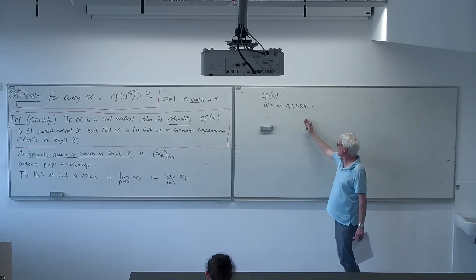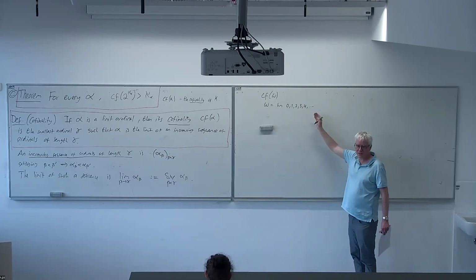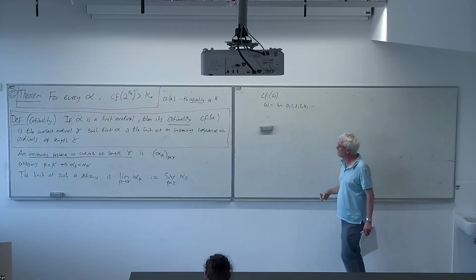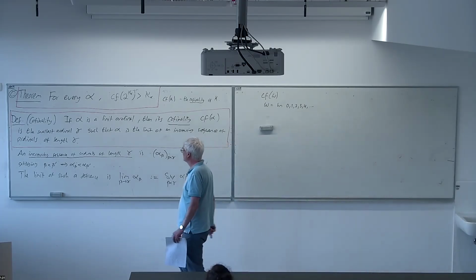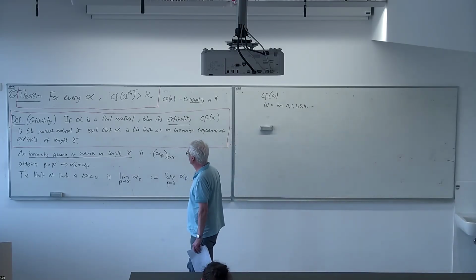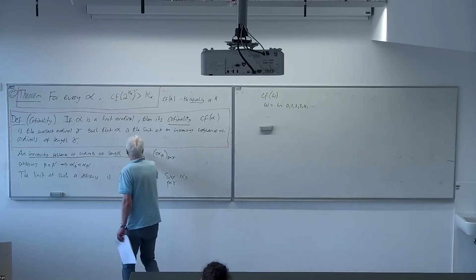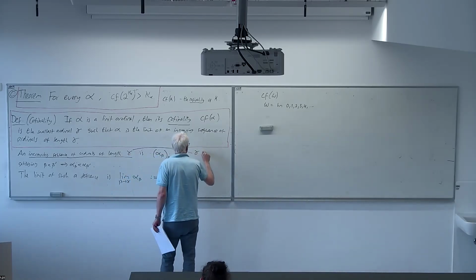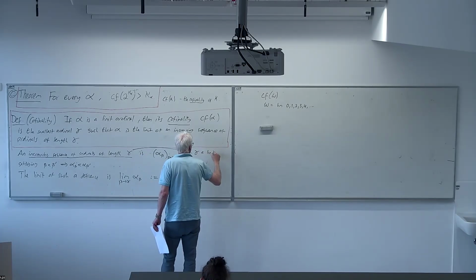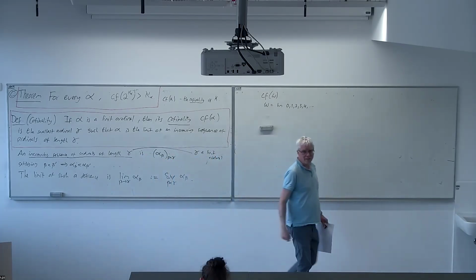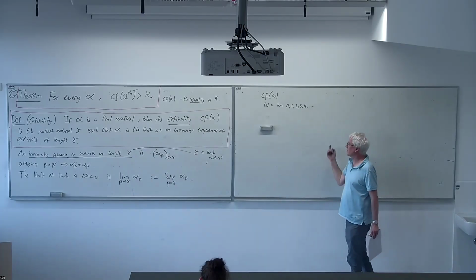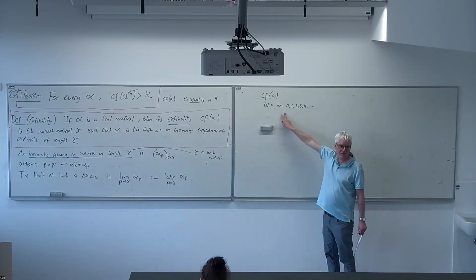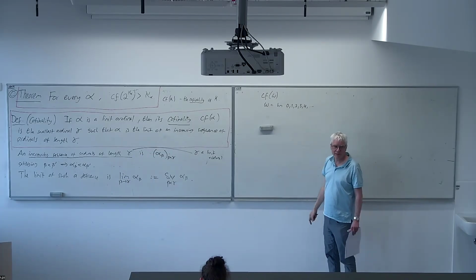Can we get by with a shorter increasing sequence? Oh, sorry, gamma is assumed to be a limit ordinal here. So we can't get by with a shorter sequence because the only limit ordinal we could use would be 0, and we wouldn't have anything to approximate omega with.